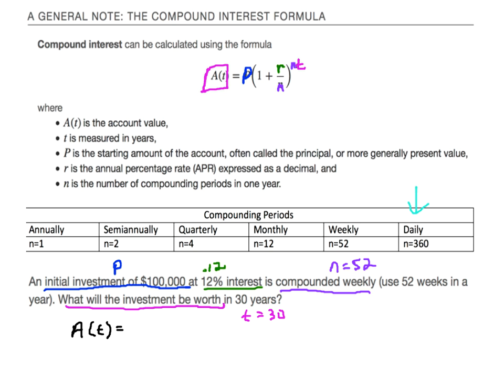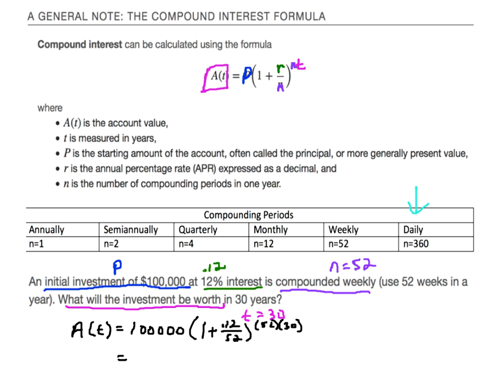Our accumulated value is equal to our principal, 100,000, times 1 plus our rate, 0.12, divided by 52, raised to the 52 times 30. And I just put all this into my calculator. I'm very careful when I do it, using parentheses where I need to.